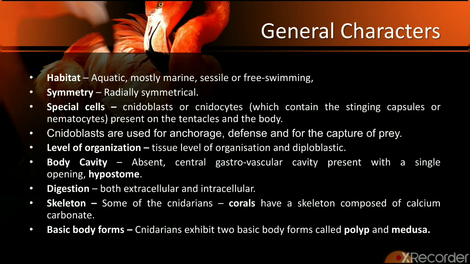Basic body forms: they represent two types of body forms in their life cycle. The sessile and colonial form is known as the polyp stage, while the radially symmetrical, free living, solitary body form is known as the medusa stage.